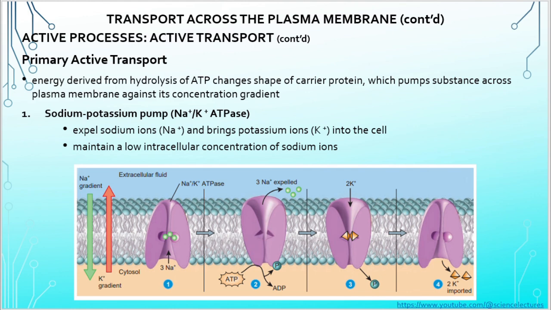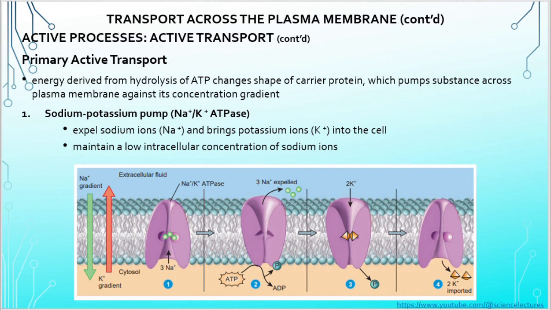These sodium-potassium pumps maintain a low concentration of sodium ions in the cytosol by pumping them into the extracellular fluid against the sodium ion concentration gradient. At the same time, these pumps move potassium ions into the cells against the potassium ion concentration gradients.